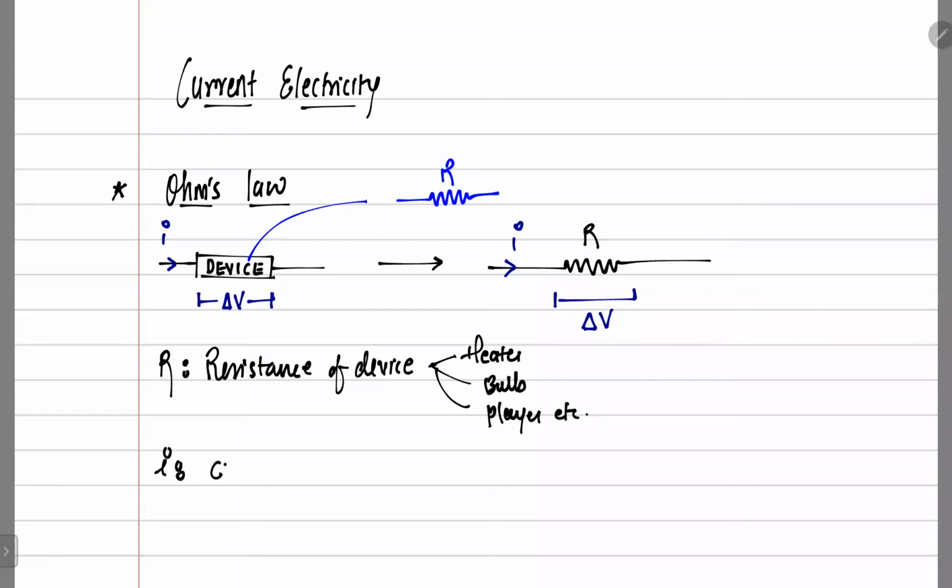I is basically the current through the device, and delta V is basically the potential difference, PD, across the device. Delta V is the potential difference across the device.